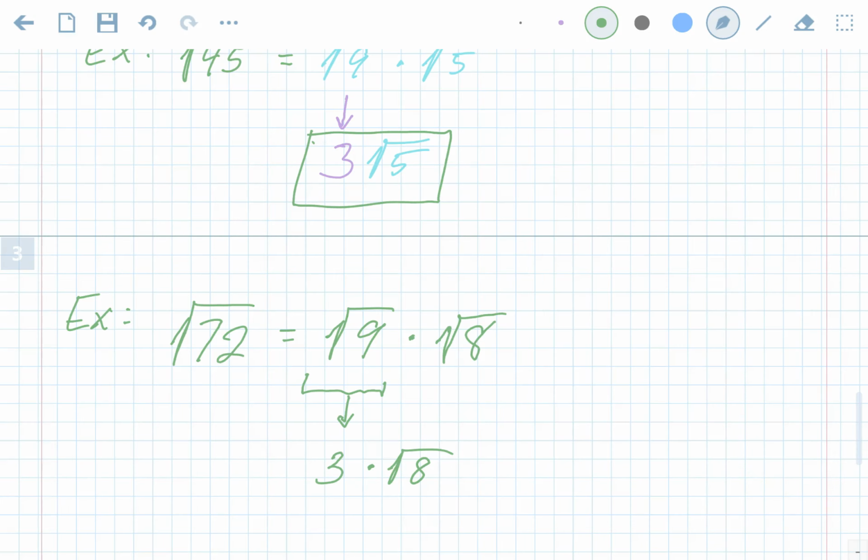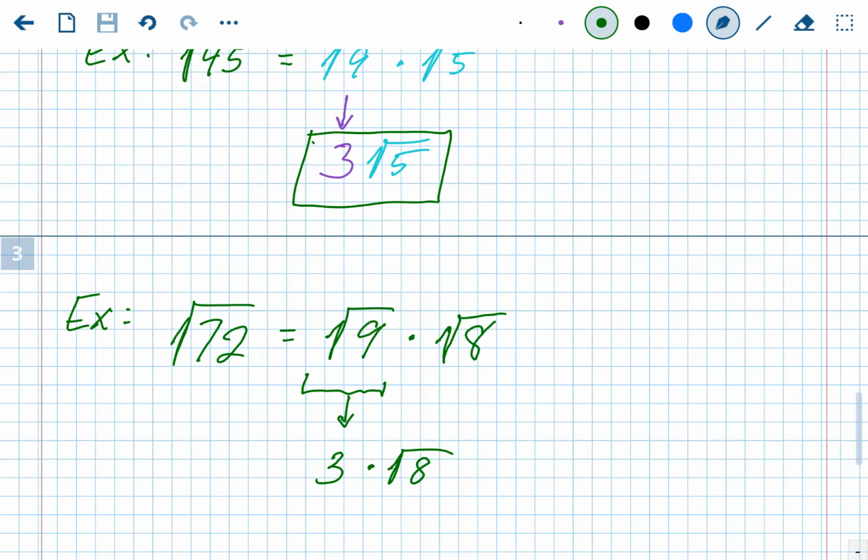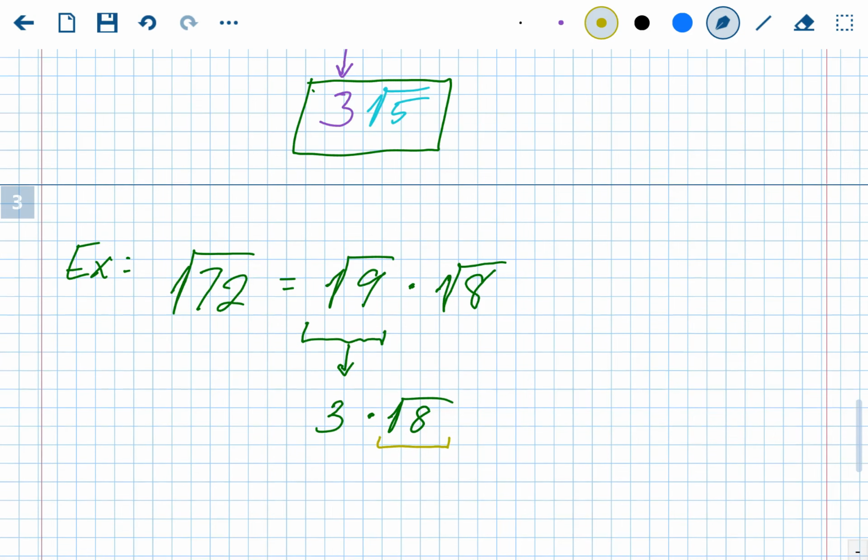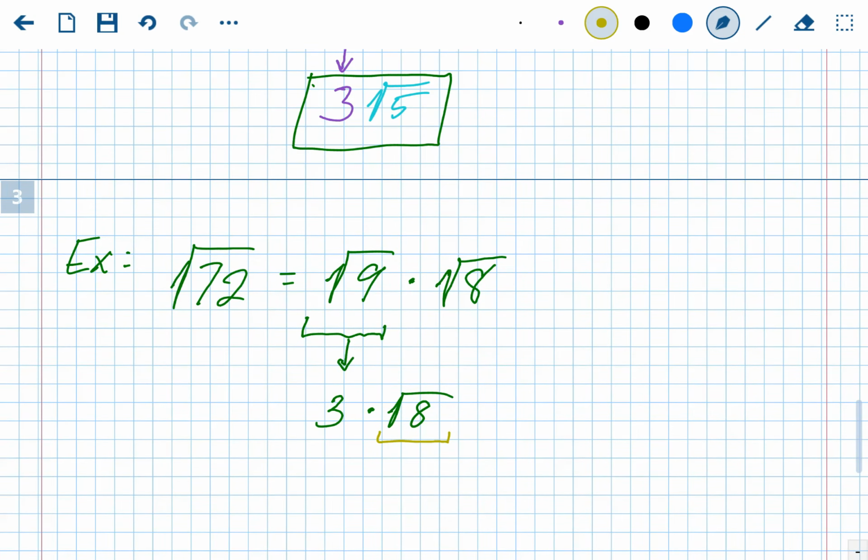But 8 is not a prime number. 8 has factors too, and one of 8's factors also happens to be a perfect square. So you could break this down even more. The square root of 8 can be rewritten as the square root of 4 times the square root of 2, because 4 times 2 is 8.